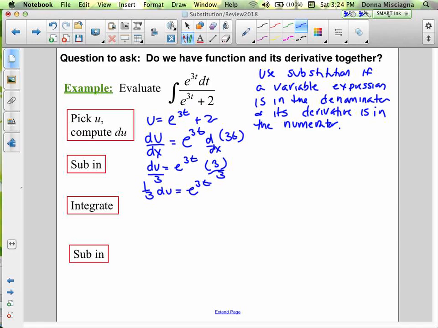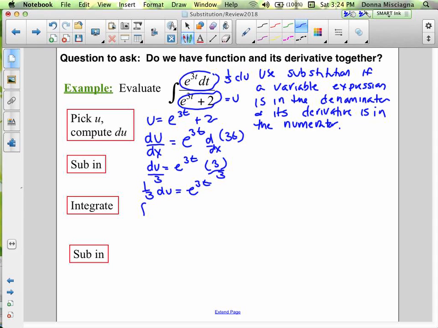All right, so we're going to replace this with the u, and we're going to replace this with 1/3 du. Right? And then we got everything taken care of.